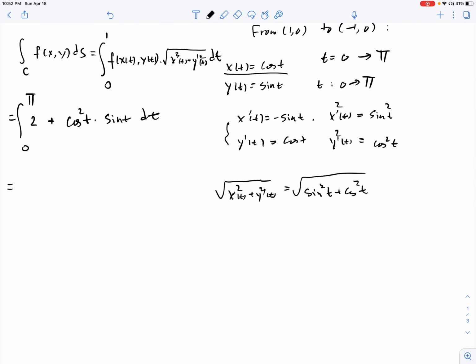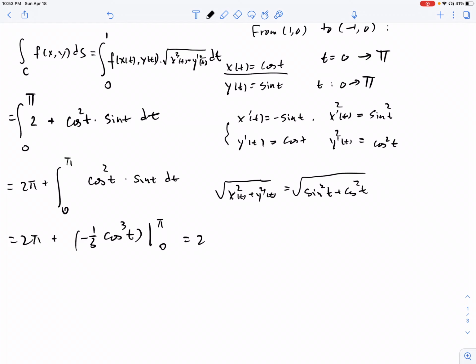This is just a sum. So the first one is going to give us 2 pi, and for the second one we're going to use the u substitution because we see this is cosine t, and this is sine t dt. This is going to be negative 1/3 cosine cubed t, because the cosine derivative is negative sine. This is the antiderivative, and we plug in pi and 0.